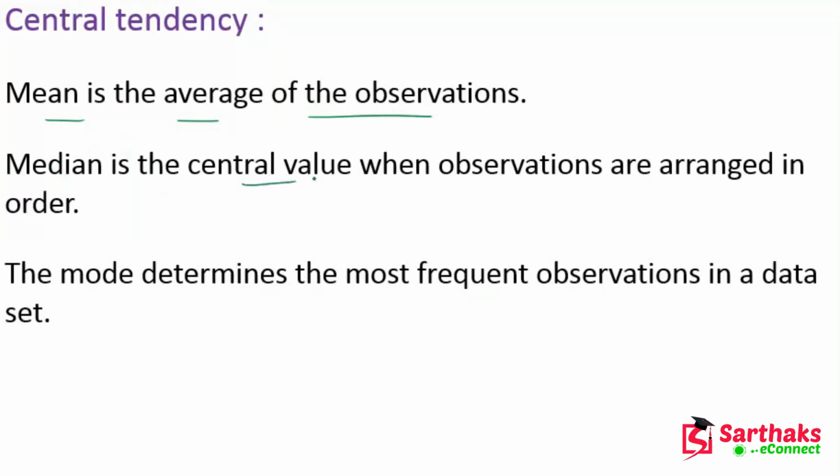Median is the central value when observations are arranged in order, either ascending or descending. Mode determines the most frequent observation in a data set. We will discuss mean, median, and mode later.